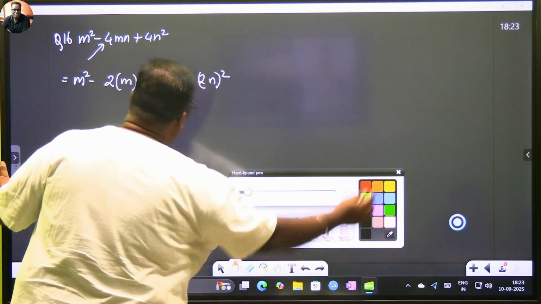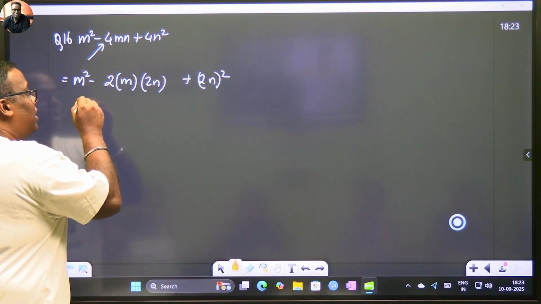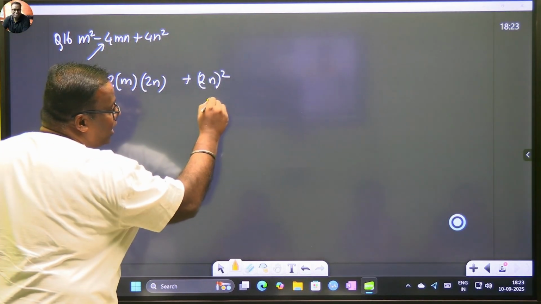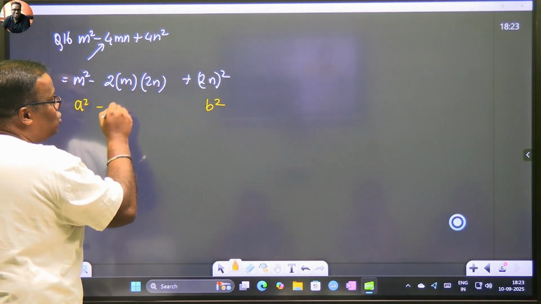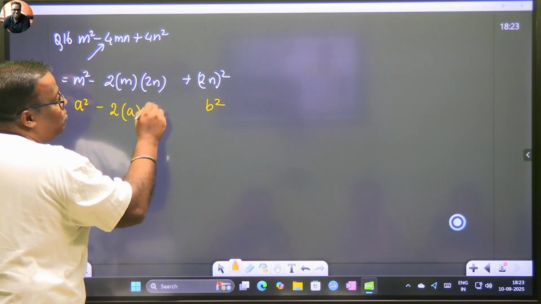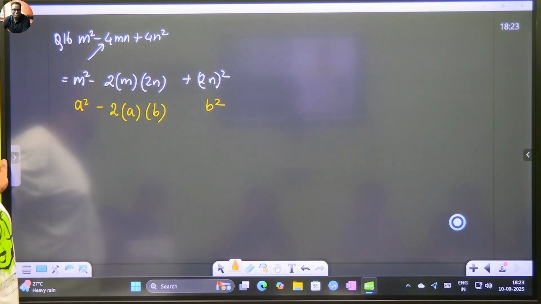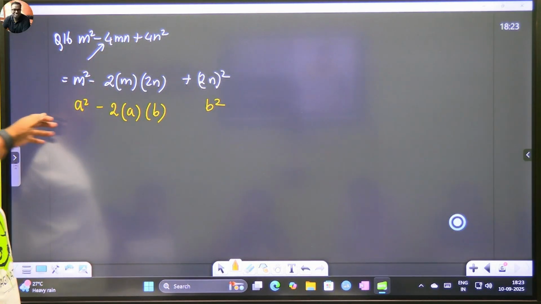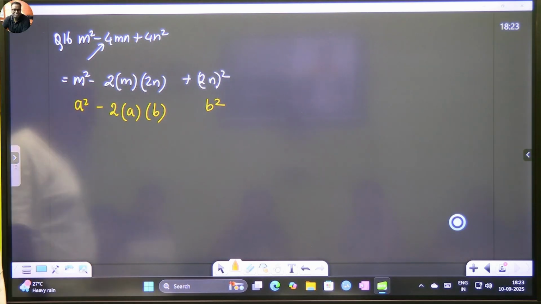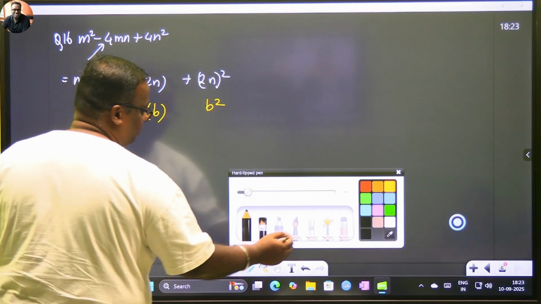There is a way of writing: a square, b square, minus 2a then b. What you are trying to write is minus 2ba. Generally, the format is minus 2ab. Understand? Now, we go further.